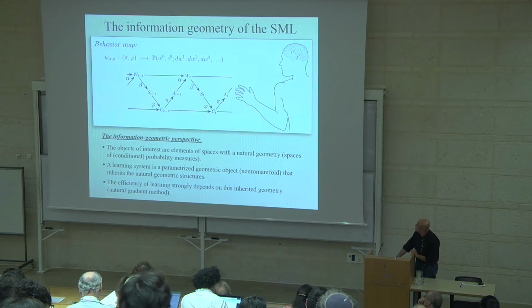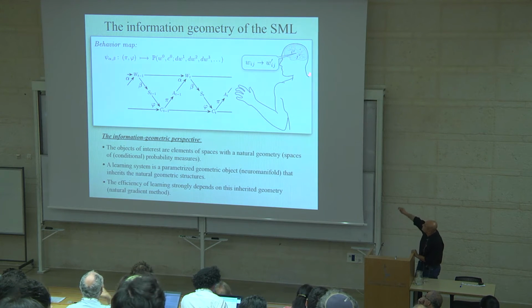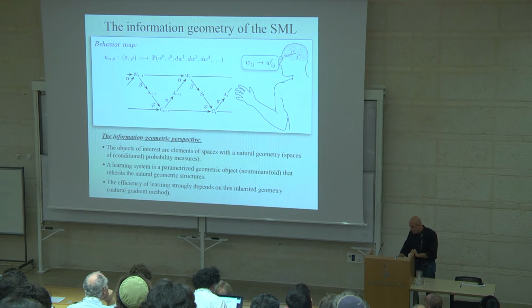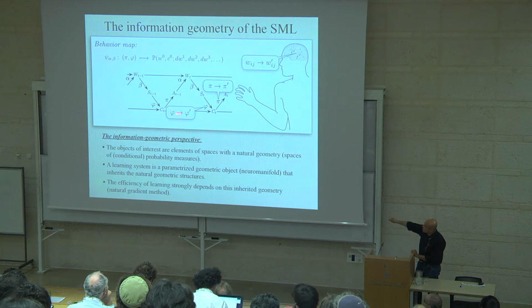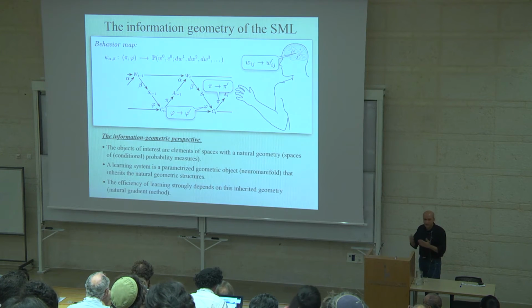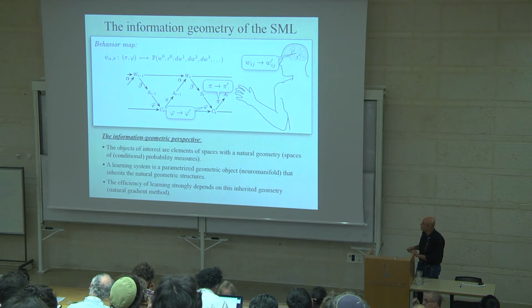You have a set of parameters, which is the synaptic strength here, and if you modify these parameters, you modify the intrinsic mechanisms of the sensorimotor loop. If you go through all the parameters of the system, this generates a nice geometric object of intrinsic mechanisms, usually in a higher dimensional space.